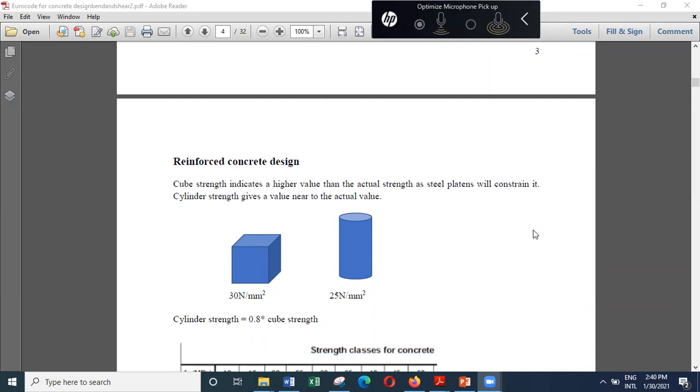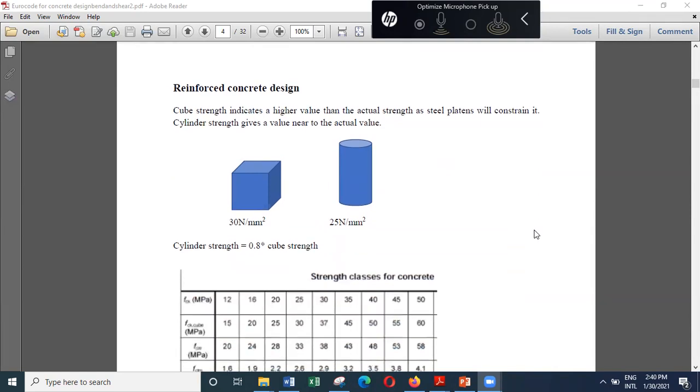And so if you are going to use Eurocodes, we have to rely on the cube strength. But fortunately, they give the cube strength as well.